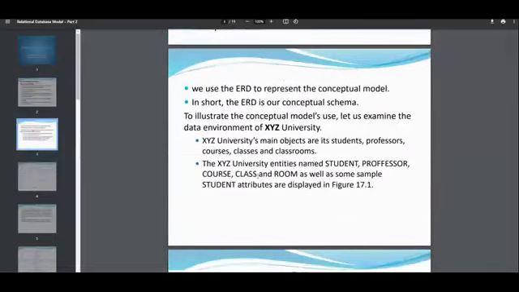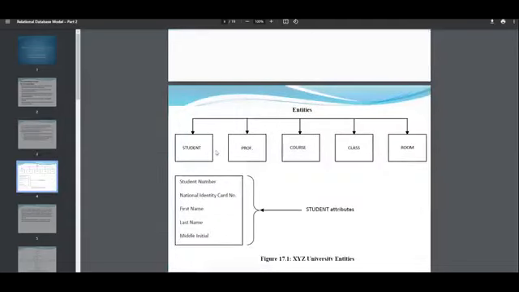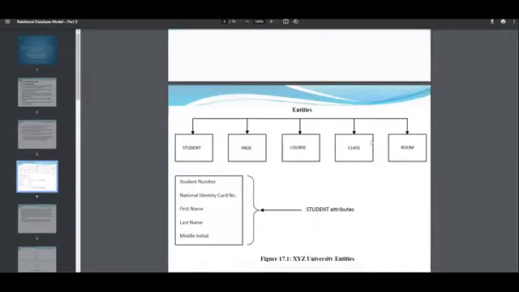Then look at this example. University is there, student, professor, course, class and room. Entities can be found there. You all know what factors you have to consider while choosing entities.